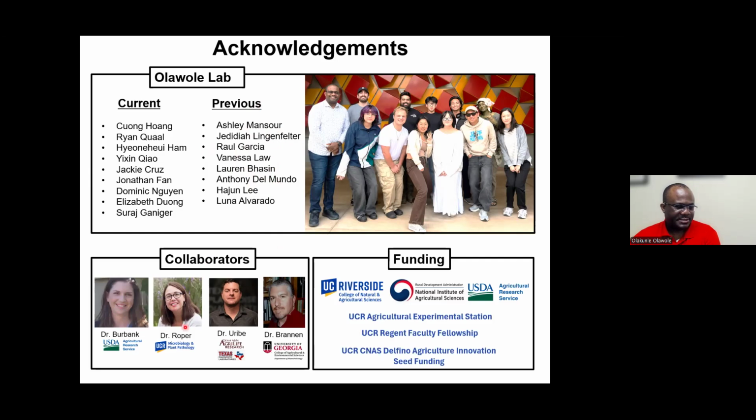Dr. Burbank and Dr. Roper have been very supportive in giving us additional strengths to work with. They've been working on Xylella for decades, and we really appreciate the opportunity to connect with them.